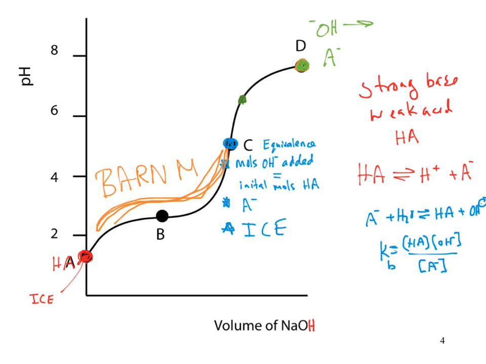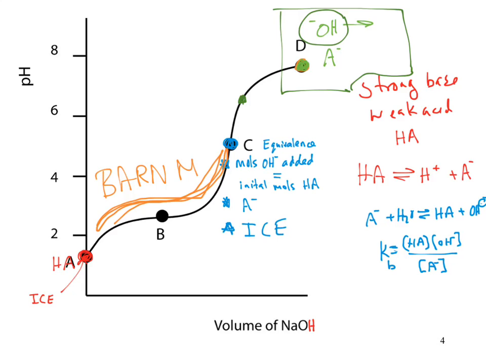Because as we add base, we've overwhelmed our weak base. Which one's going to contribute most to our pH? The strong base. Okay? So as far as solving, I expect you to be able to solve up at this top portion. Okay? To solve for the pH, what's the only thing we need to be concerned about? Okay? Just the contribution to the pH from our strong base.